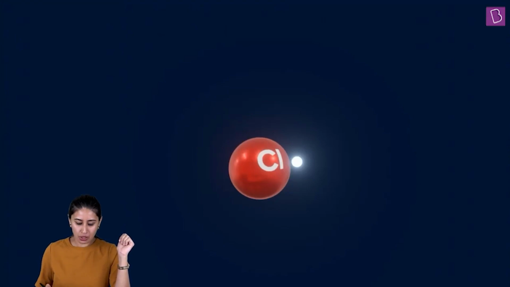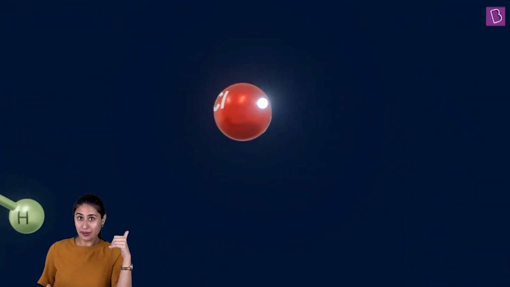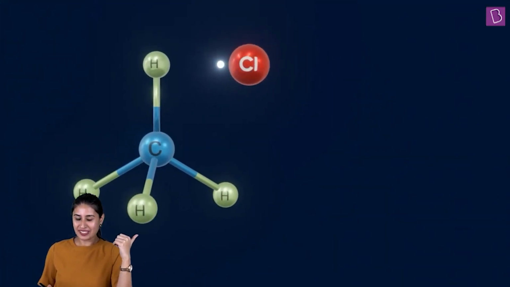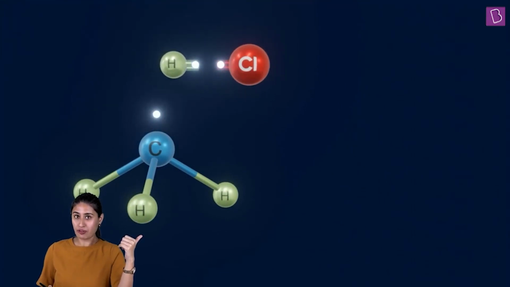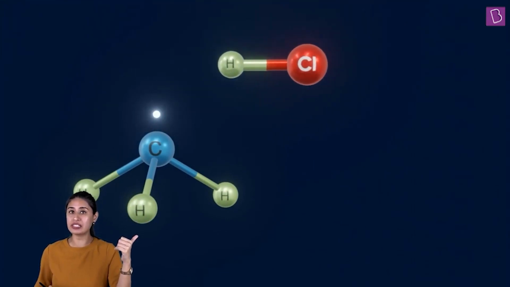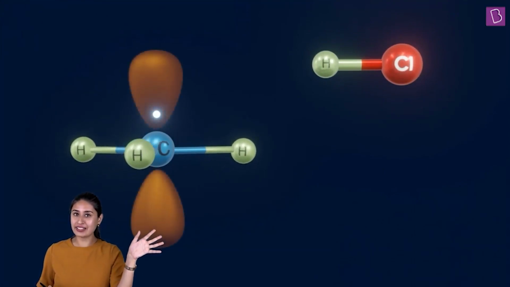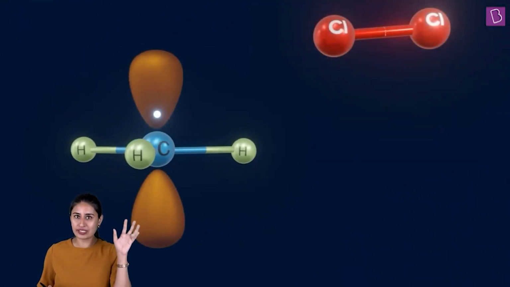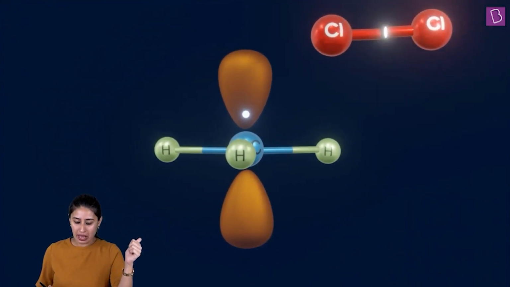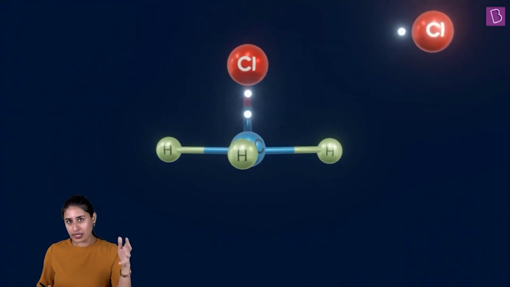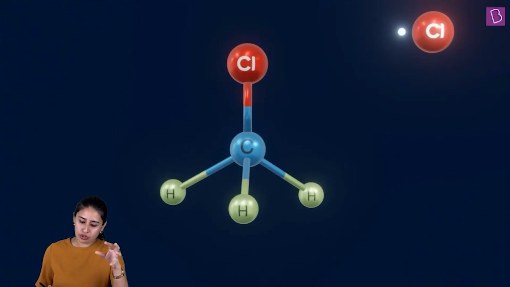Now it is capable of attacking even this CH4. So it's going to form a methyl free radical, and HCl is getting formed. The methyl free radical reaction has been propagated. You can see that there is a free radical now present, and there are already chlorine free radicals present. So there can be a C-Cl bond formed, and of course, this is a never-ending process.